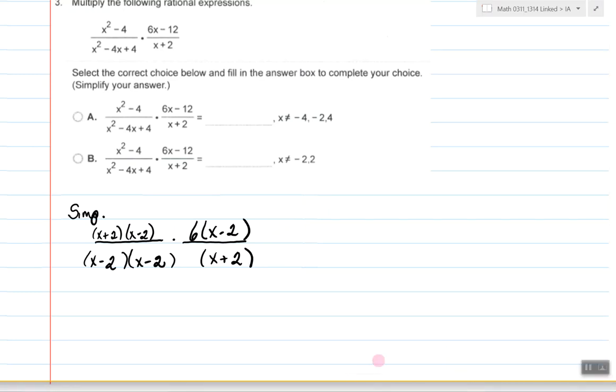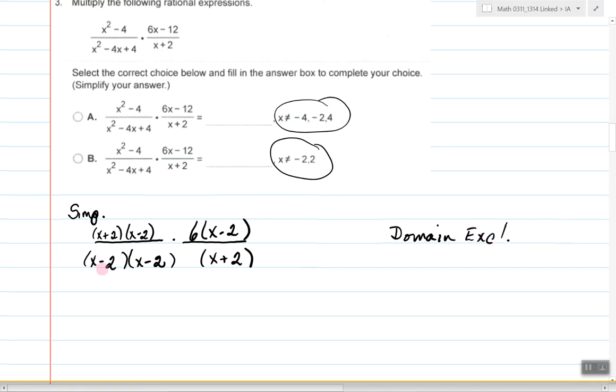In this problem, things change up a little bit, and they give you two answer choices to work on. One of them shows these as the exclusions, and the other one shows these as the exclusions. So when I work on domain exclusions, all I have are these.